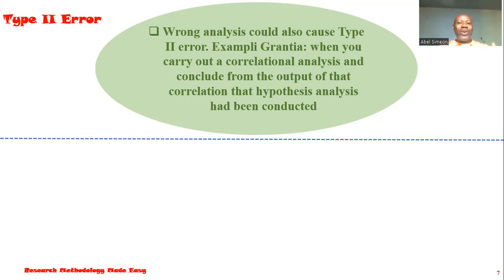No, a correlational analysis is only meant to find out if the variables have a linear relationship. So if there is no linear relationship, you cannot carry out a regression analysis. Regression simply means on a straight line, if both variables are linearly correlated. So if you make such a mistake, it is type 2 error.